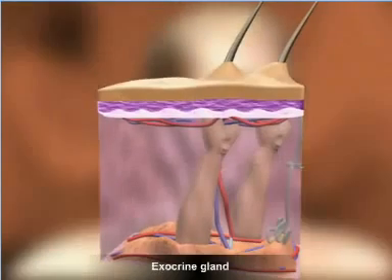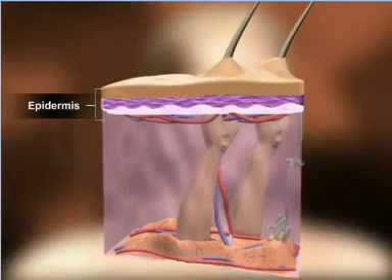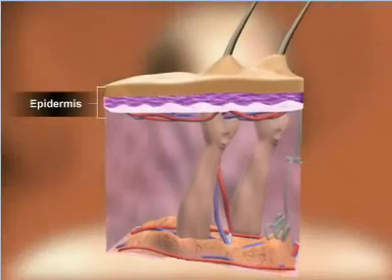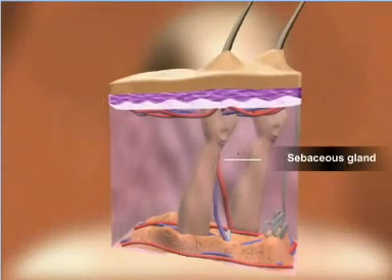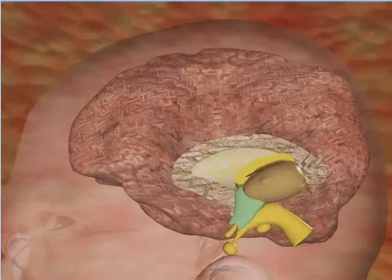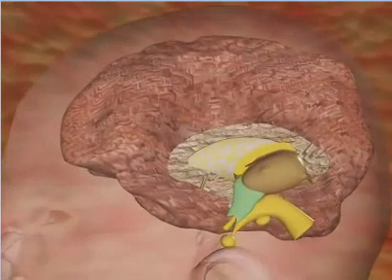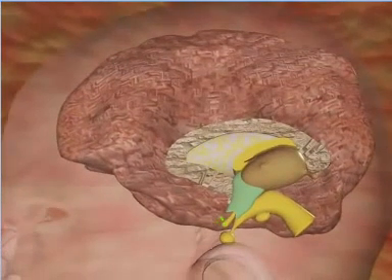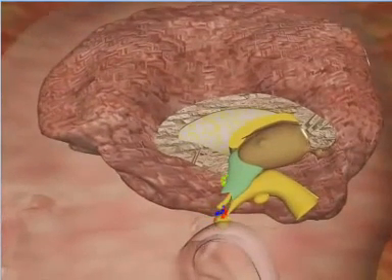The exocrine glands have ducts and therefore secrete their products on the body surface or into the body cavity, such as the sebaceous glands or the sweat glands. On the other hand, the endocrine glands, such as the pituitary or adrenal glands, do not have ducts, and therefore they release their secretions directly into the blood.